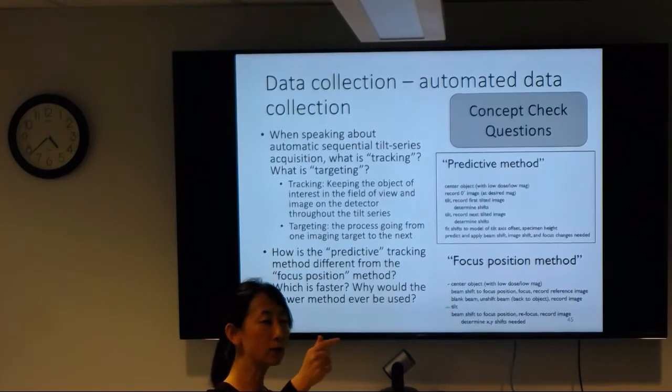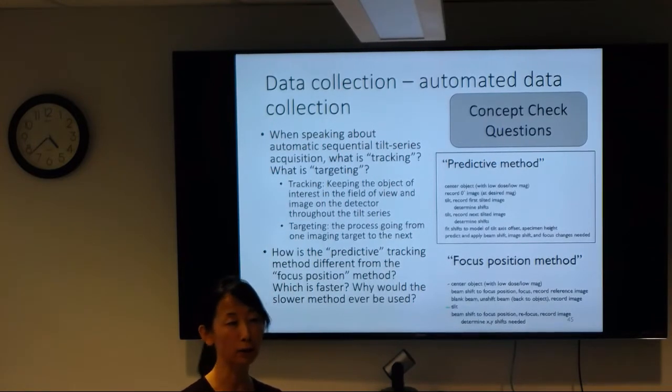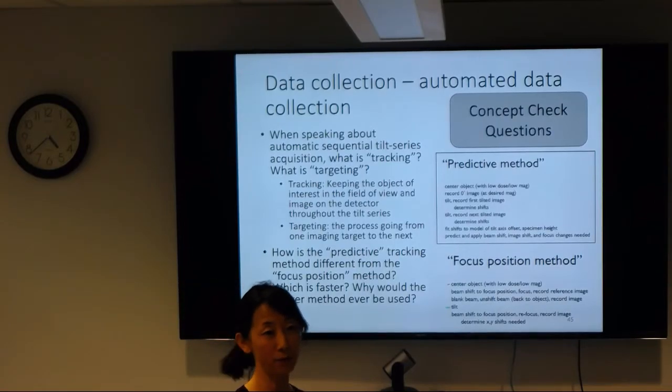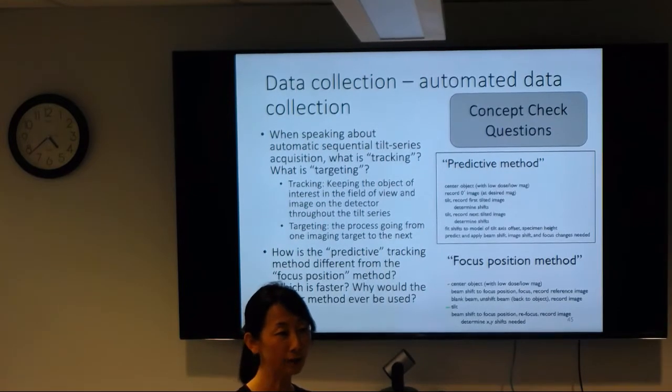Going from one location to the next is called targeting. You want to make sure the targeting is very accurate. Otherwise, your first tilt series is perfect, but if the second didn't go where it's supposed to, you will be in trouble. You're not going to have a tilt series of your targets.